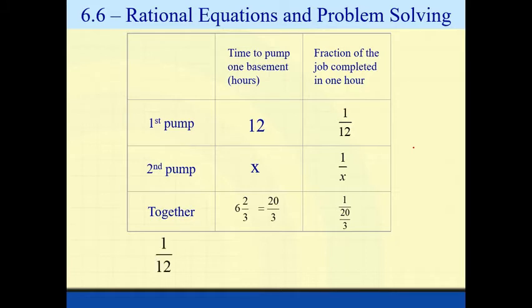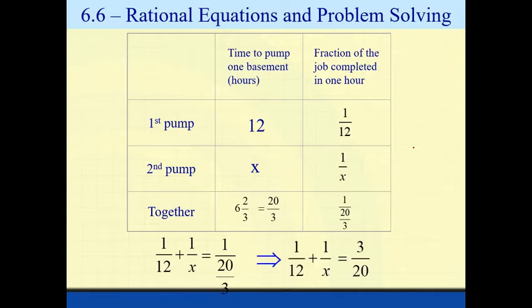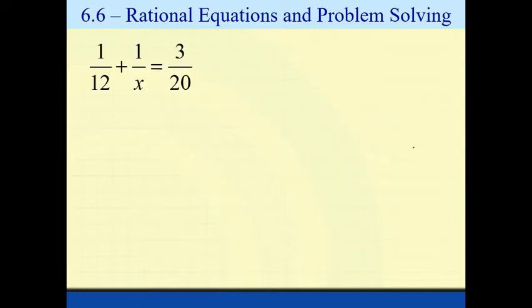So we're going to have 1/12 plus 1/x, and that's going to equal pumping out 1 basement, which is 20/3 hours. Remember to flip your fraction here, and that's what the equation looks like. So we're looking at this and we have to find your LCD or also the LCM. And what's that going to be?